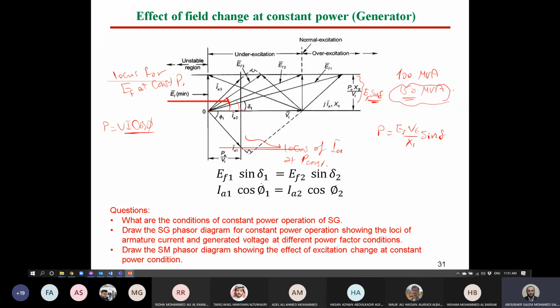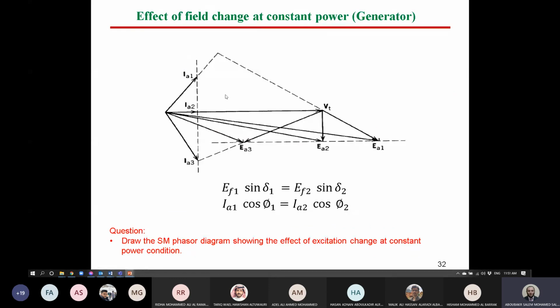So the solution is to write the equations and also draw the phasor diagram. The same applies to the synchronous motor, not only the generator. This is for the generator, and we have another curve for the motor, just by doing the same. Okay.